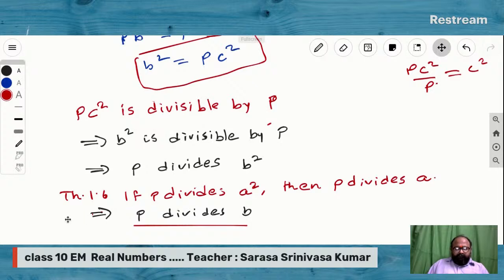Now we apply theorem 1.6. According to theorem 1.6, if a prime number p divides a square, then that prime number divides a. So from this theorem, we can write if p divides b square, then p divides b. This is the statement.